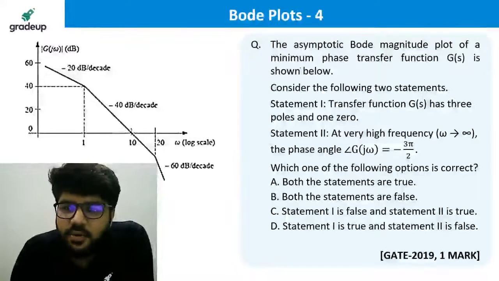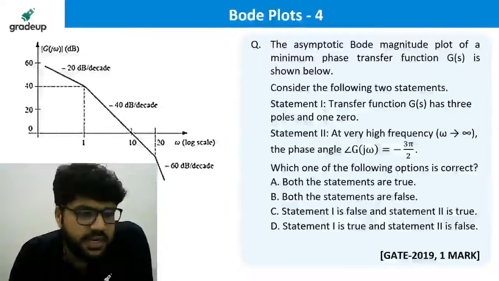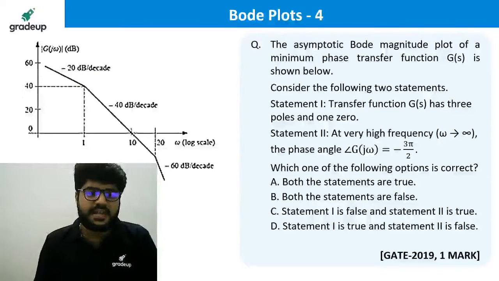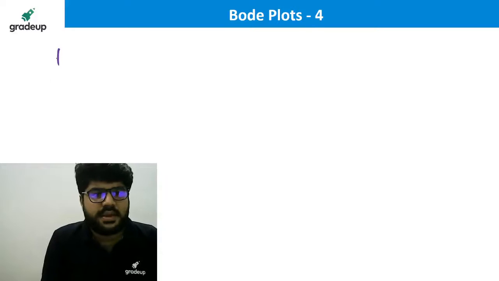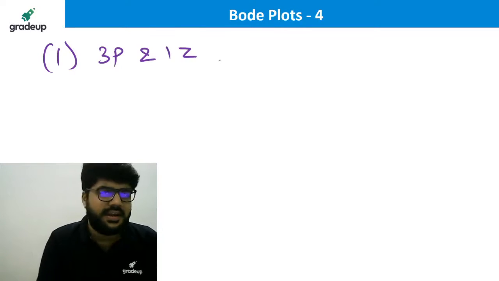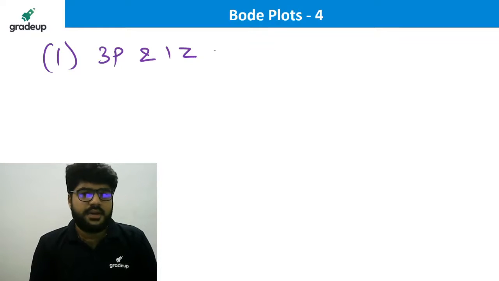Asymptotic Bode magnitude plot of a minimum phase transfer function is shown below. Consider the following 2 statements. Statement 1: the transfer function G(s) has 3 poles and 1 zero. Is it correct?